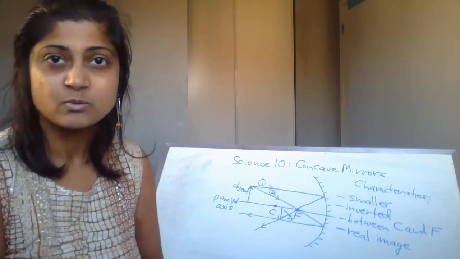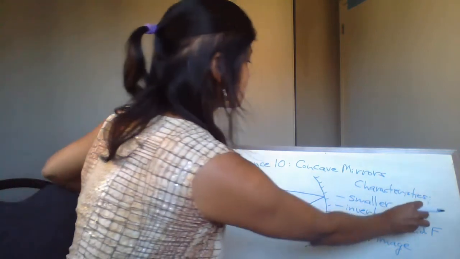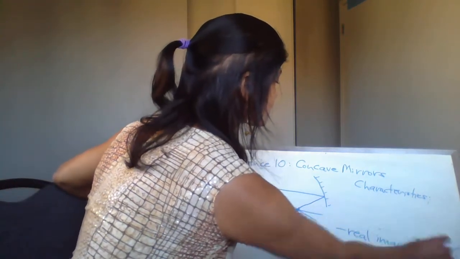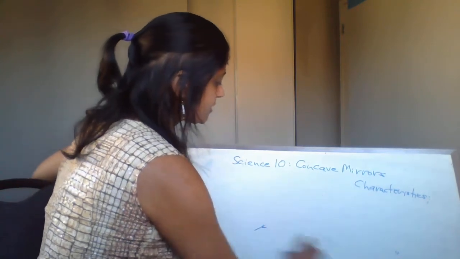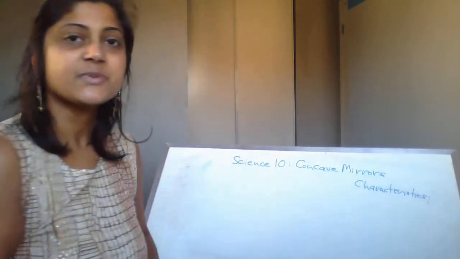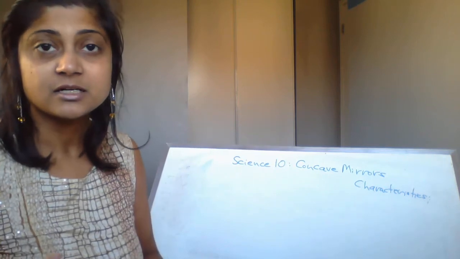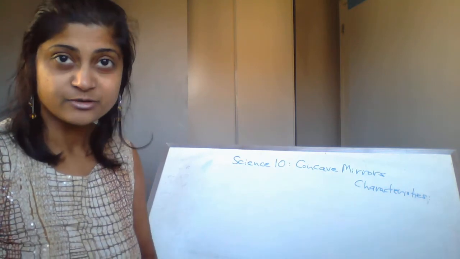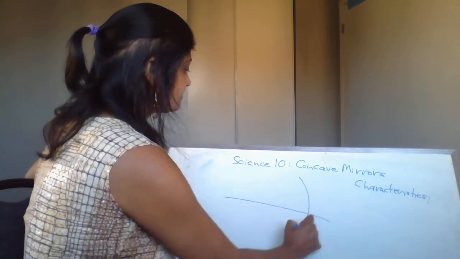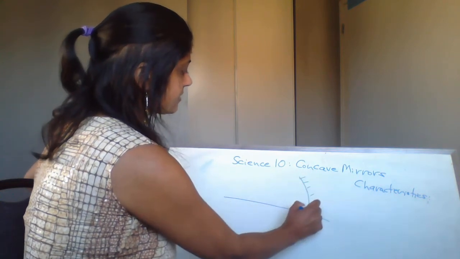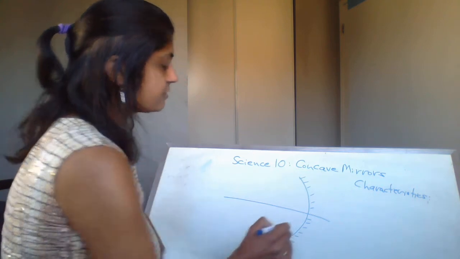So let's try one more example. I'll take off just this part of the characteristics. What the teacher is going to do is move the object closer and closer to the concave mirror. So let's go through one more scenario. Here is my concave mirror. This is the back of the mirror.